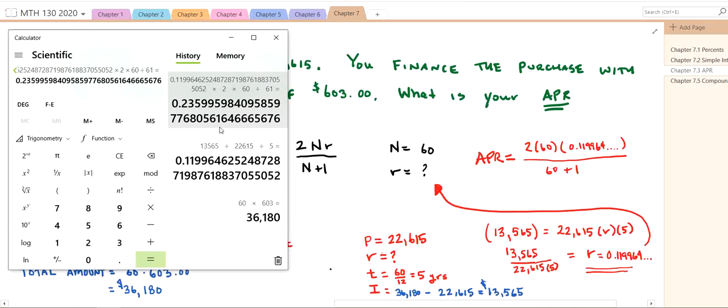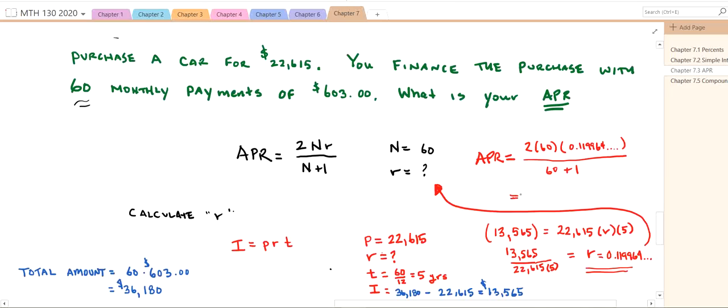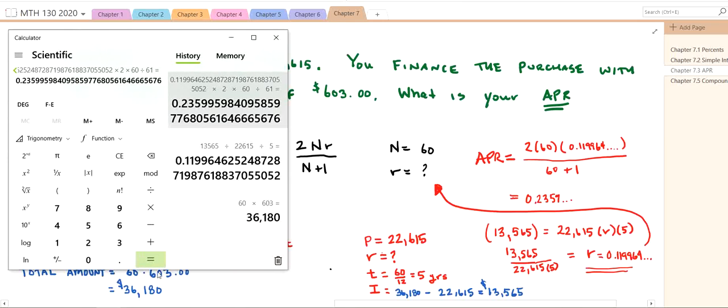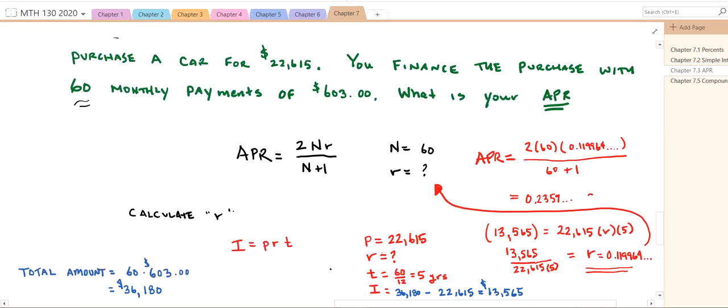And I end up with a value of 0.2359. It's a decimal, actually. Let's look at this again, and it keeps going. So that's our annual percentage rate. That's the answer.